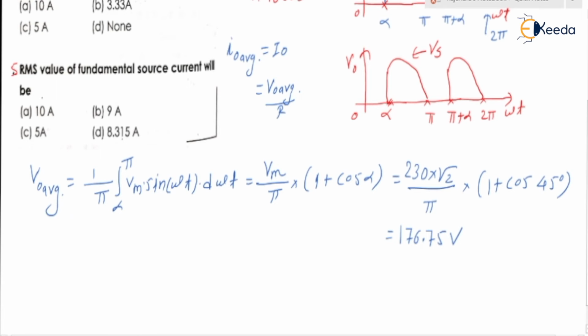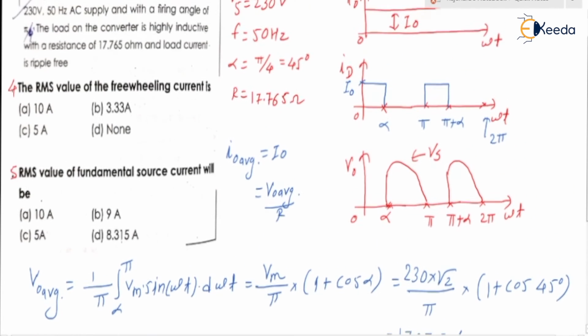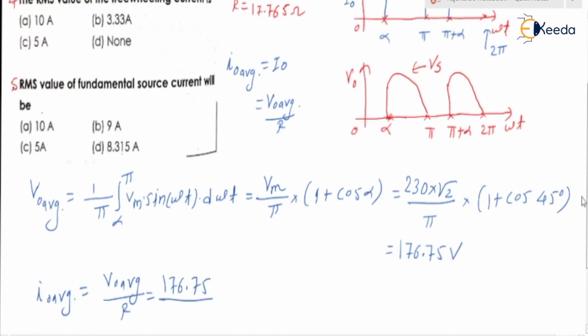Next, can we find the I0 average? I0 average is equal to V0 average by R, which is the same as the capital I0. What is the V0 average? 176.75 divided by R. What is the value of R they have given? R is equal to 17.765.